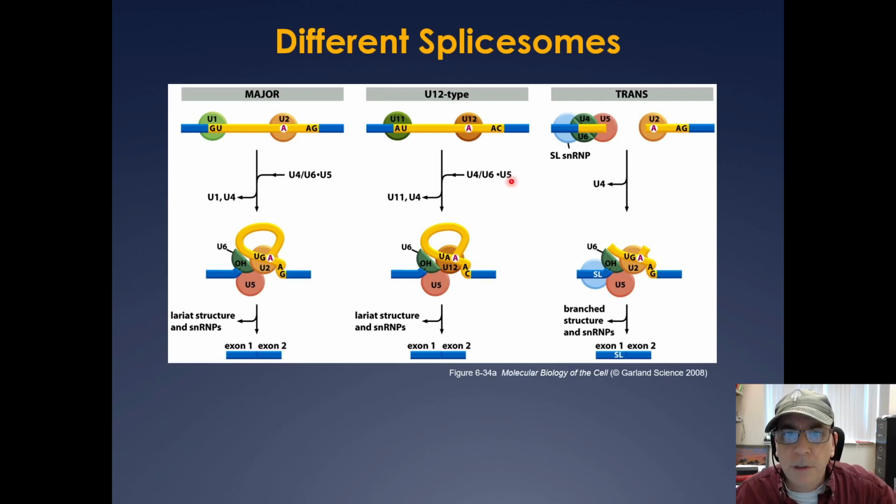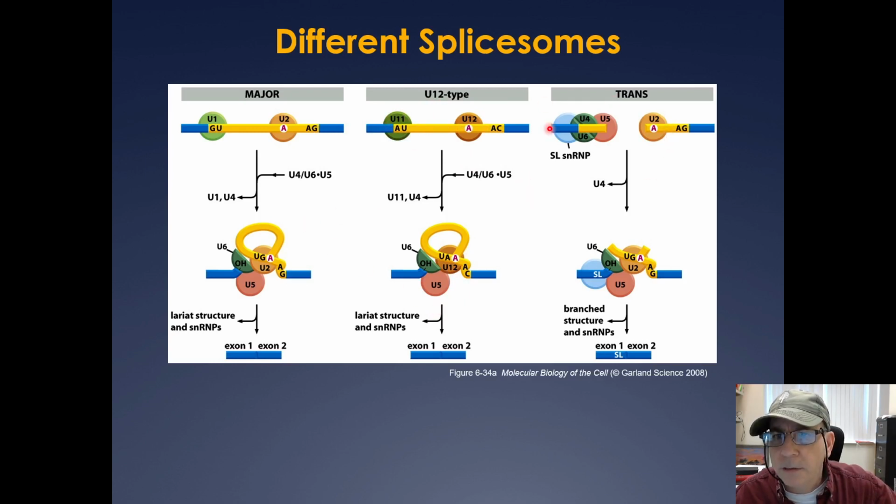Now, there are also different spliceosomes, and I'm not going to hold you to memorize every single different spliceosome. If you know the major spliceosome, I think you guys will be fine. But in addition to the major one, there's the U12 type, and the big difference is this uses U11 and U12 instead of U1 and U2.